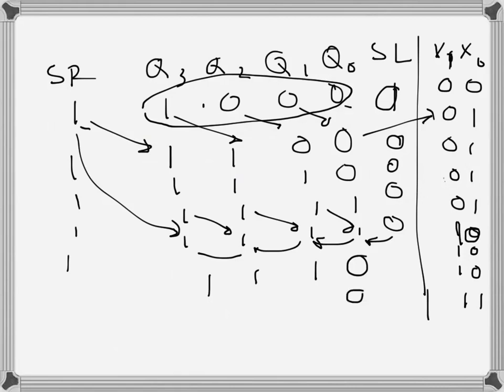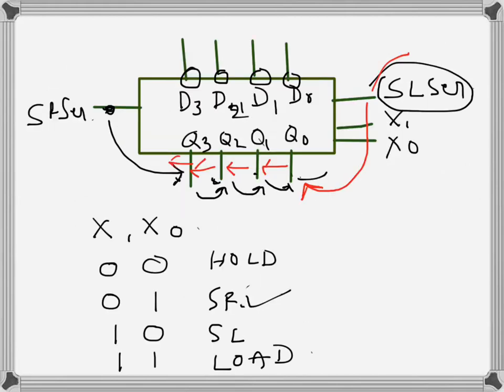Another shift left will be 0, 0, so the 0 will be pushed from the left, and it will keep going to the left, and the 1 will be pushed out. This is staying there. So again, 1, 1, and with the third operation what will happen, 0, 0, 0, and 1. And of course with the fourth one it will be loaded, so we haven't said what is there, so let's call this like that.